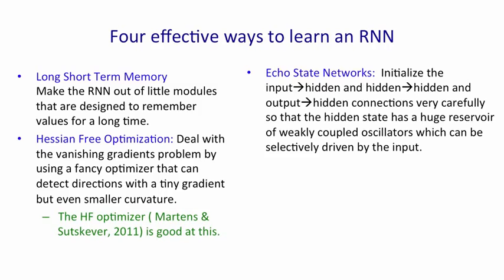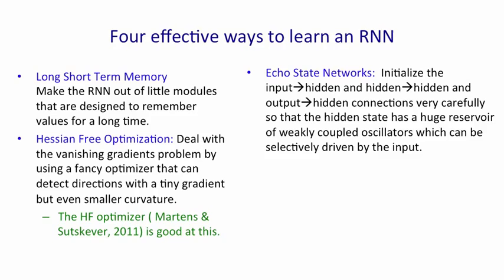The third method really kind of evades the problem. What we do is we carefully initialize the input to hidden weights, and we very carefully initialize the hidden to hidden weights, and also feedback weights from the outputs to the hidden units. And the idea of this careful initialization is to make sure that the hidden state has a huge reservoir of weakly coupled oscillators. So if you hit it with an input sequence, it'll reverberate for a long time, and those reverberations are remembering what happened in the input sequence.